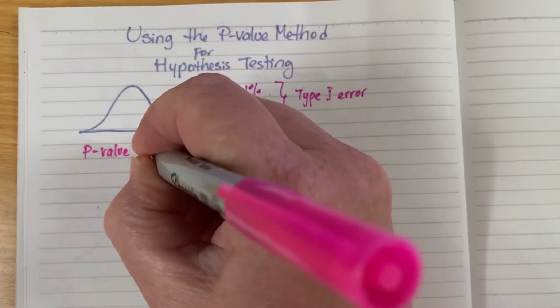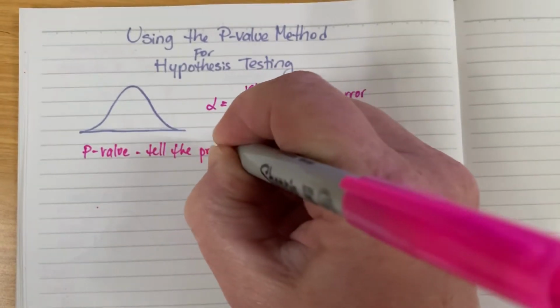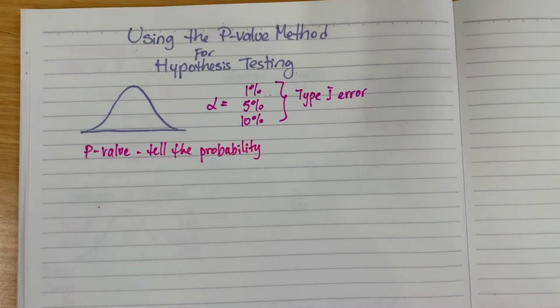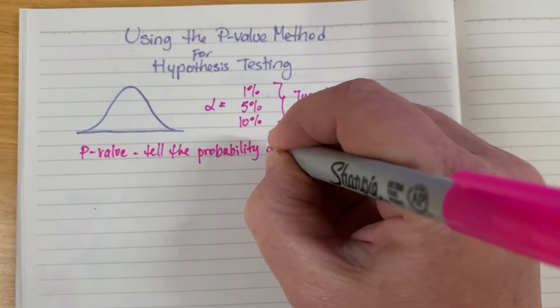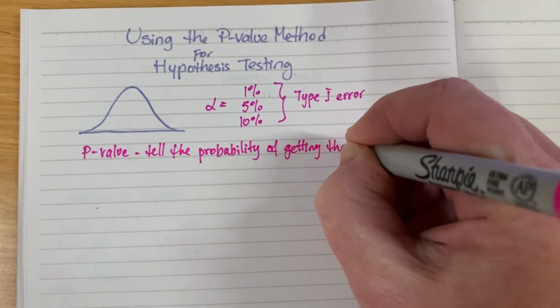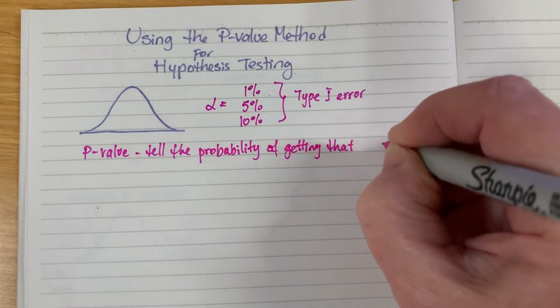The p-value tells us the probability of getting that sample statistic that we are actually testing.